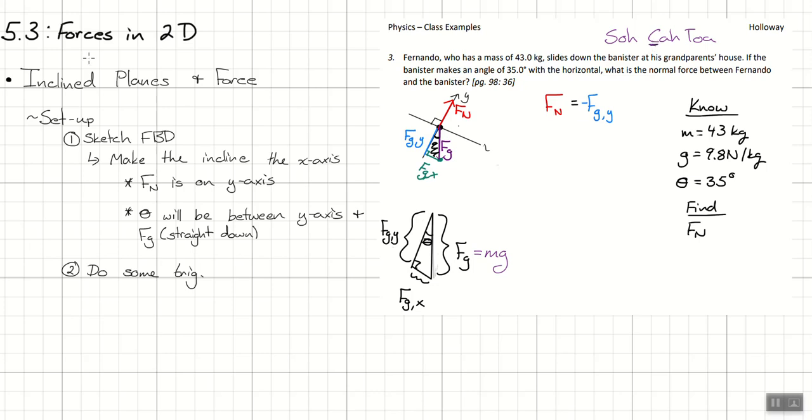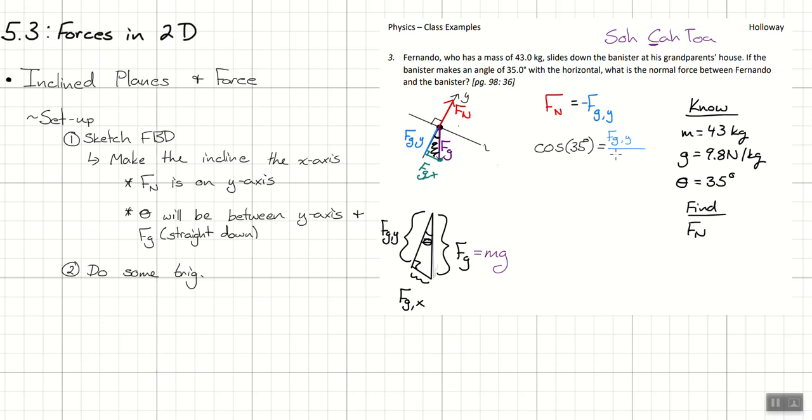When we start plugging in, chugging through this then, I know that the cosine, and I'm going to switch to black here, I know that the cosine of theta, or 35 degrees in this case, is equal to the adjacent side, which is our FGY, FG with respect to y, over the hypotenuse, which we knew was the force of gravity.